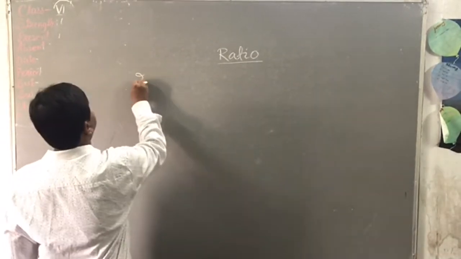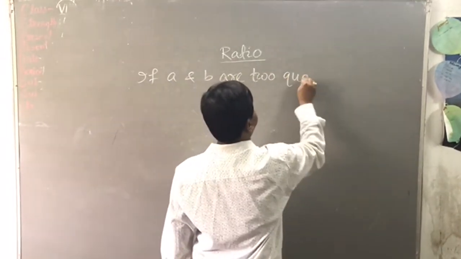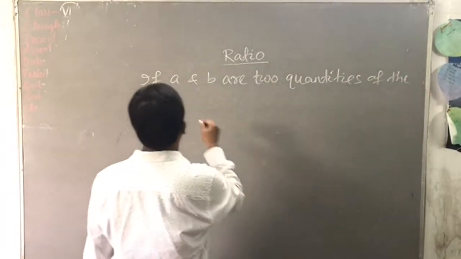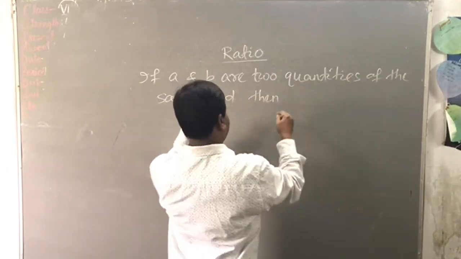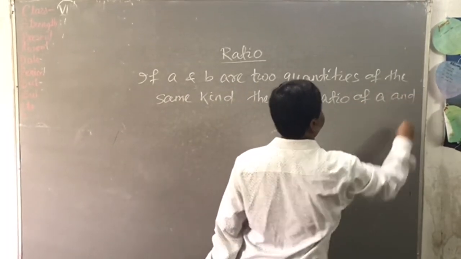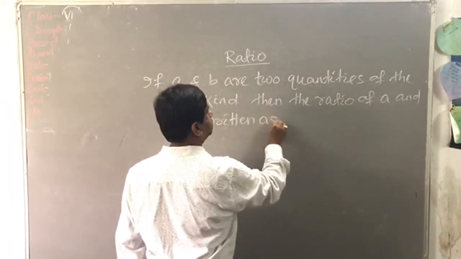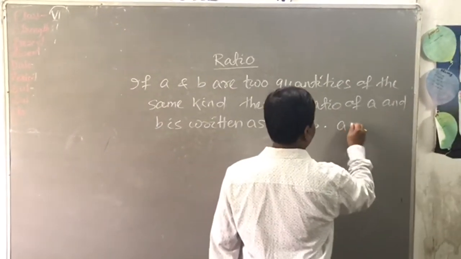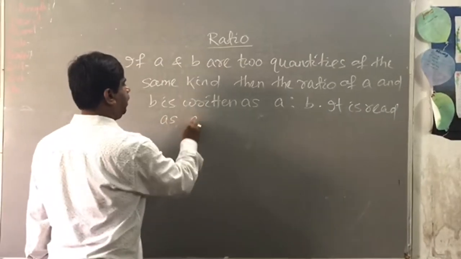So if A and B are two quantities of the same kind, then the ratio of A and B is written as A colon B, and it is read as A is to B.